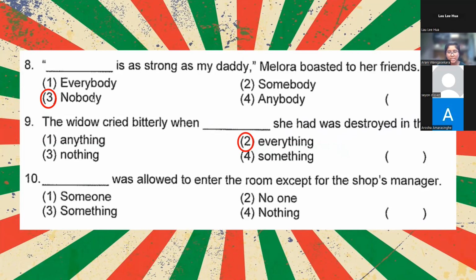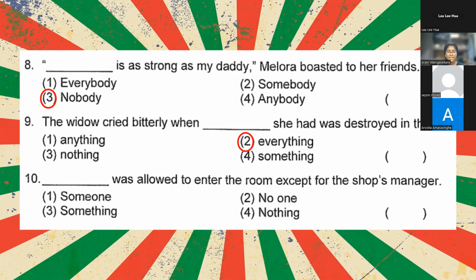Why is it not anything? It won't match. It will match. Plus, basically in a fire, everything will get destroyed, right?